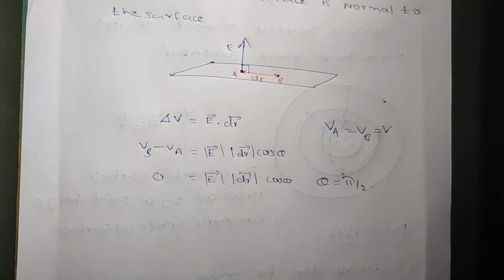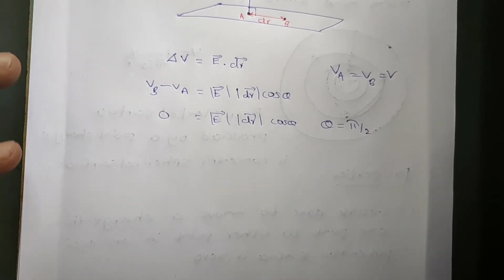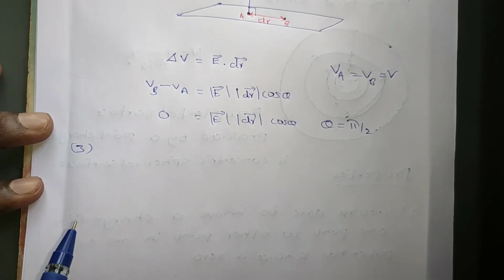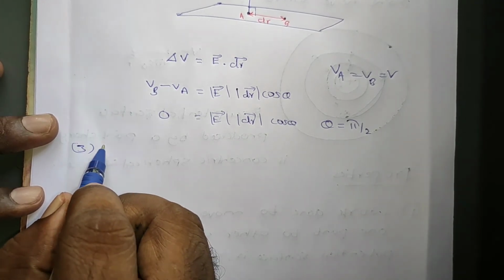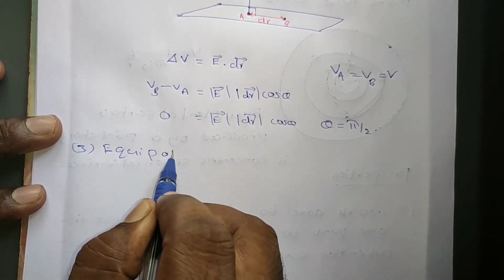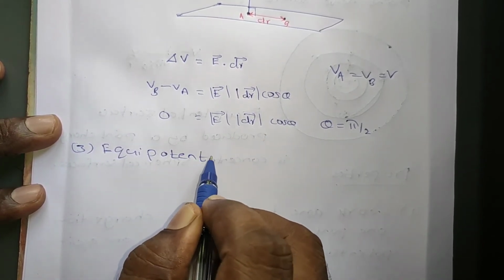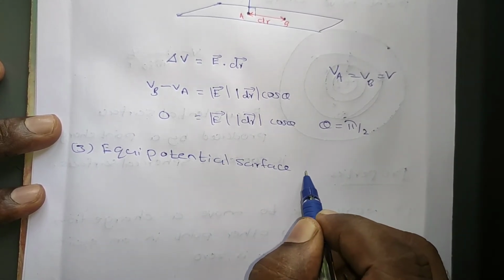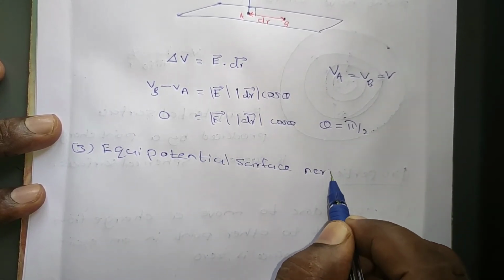Then we are going to see the third property. What is the third property? Equipotential surfaces never intersect.